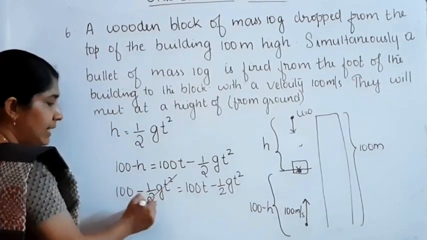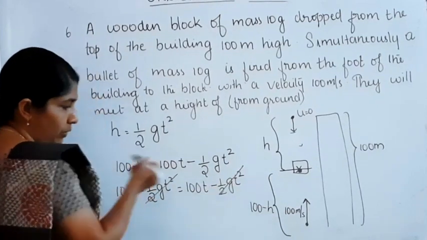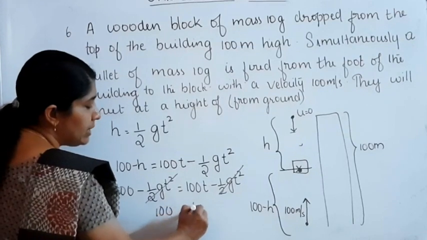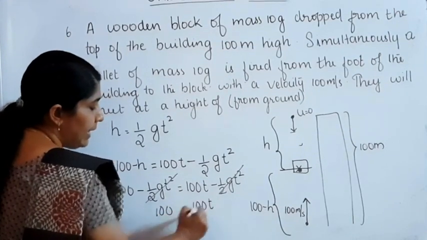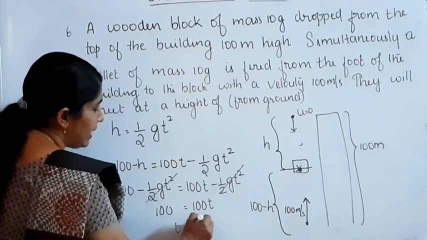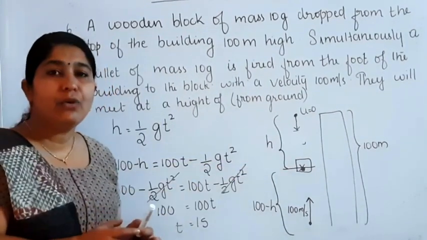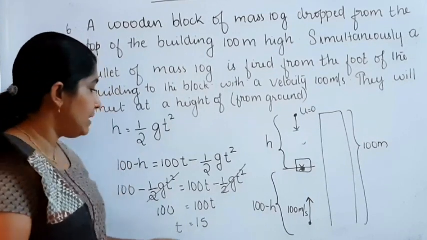On cancelling the half g t square terms from both sides, we get 100 equal to 100 t. Then t is equal to 1 second. The time taken for the wooden block and the bullet to meet is 1 second.